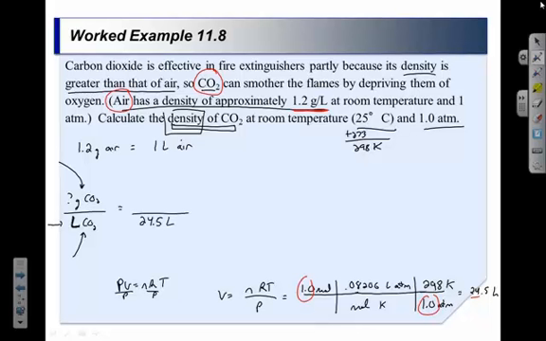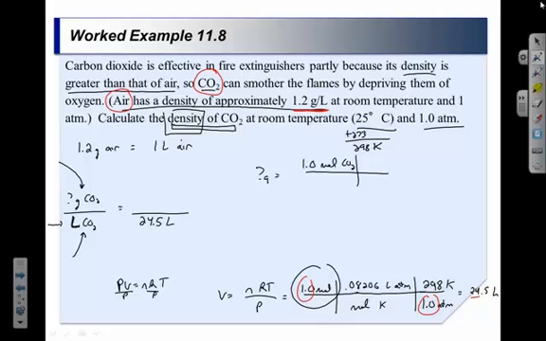Now I need the number of grams of CO2 that I would have in that same amount. So if I looked at 1 mole to get the volume, I need the same number of moles to get the grams. So in that quantity of gas, 1 mole of gas, how do I figure out how many grams it is? Yeah, I'd use the molar mass. Very good, from the periodic table.